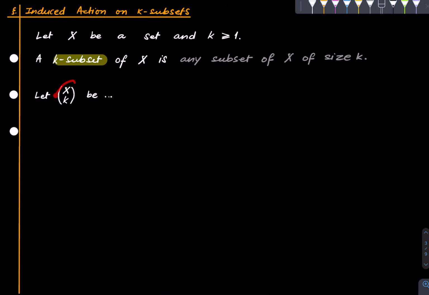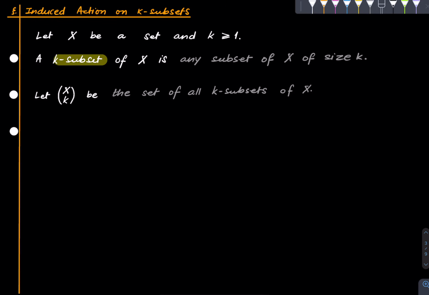And here is a piece of notation. This is a notation to mean the set of all K subsets of X. And it's a meaningful notation. I'm sure you're familiar with this notation, n choose K. So n is some positive integer and K is some positive integer, n greater than or equal to K, let's say.